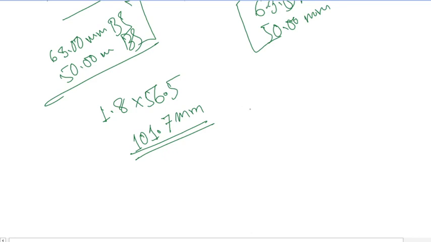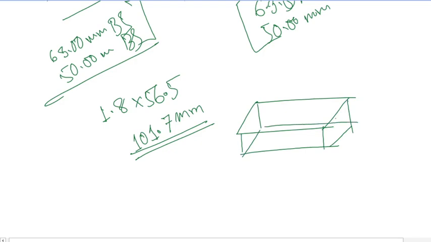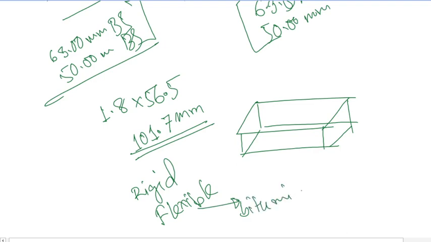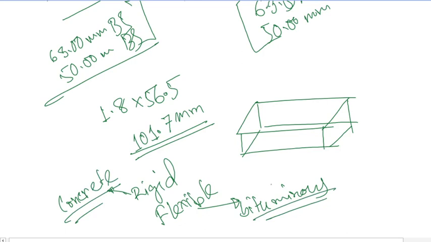Whenever we are constructing a highway, there are two types of pavement, I think by this time you should know that. One is the rigid pavement and the other is the flexible pavement. Generally you will be using bituminous pavement, which is flexible, and the other pavement is constructed using concrete.